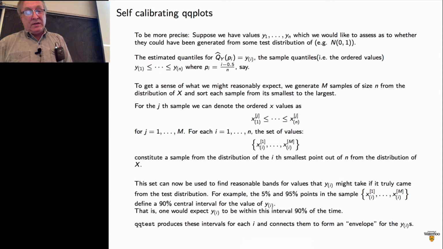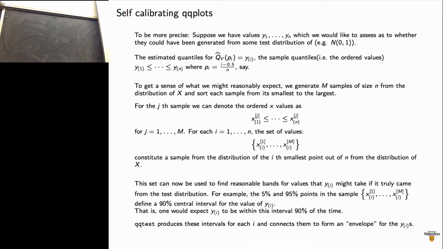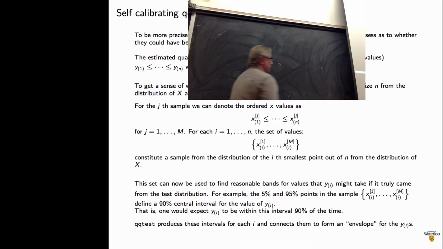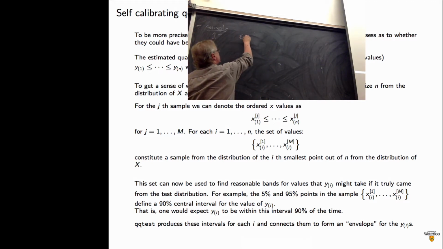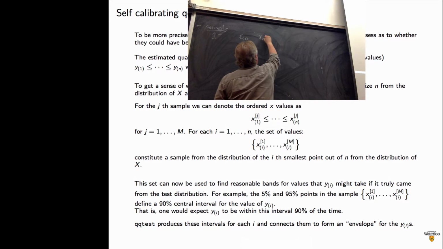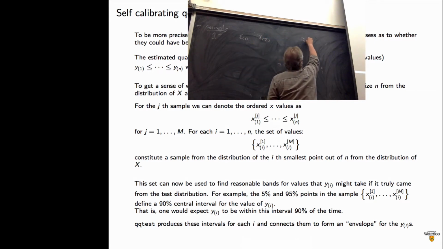Okay? So here, more precisely, what I want you to imagine that I'm doing is generating one sample. So this is sample 1. I get little n values of x, and I sort them. So here's the smallest value, the second smallest value, to the nth smallest value.